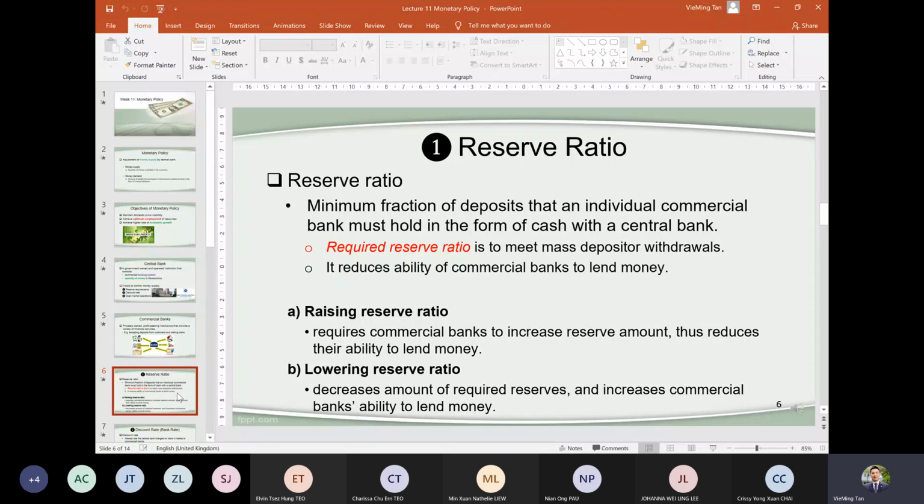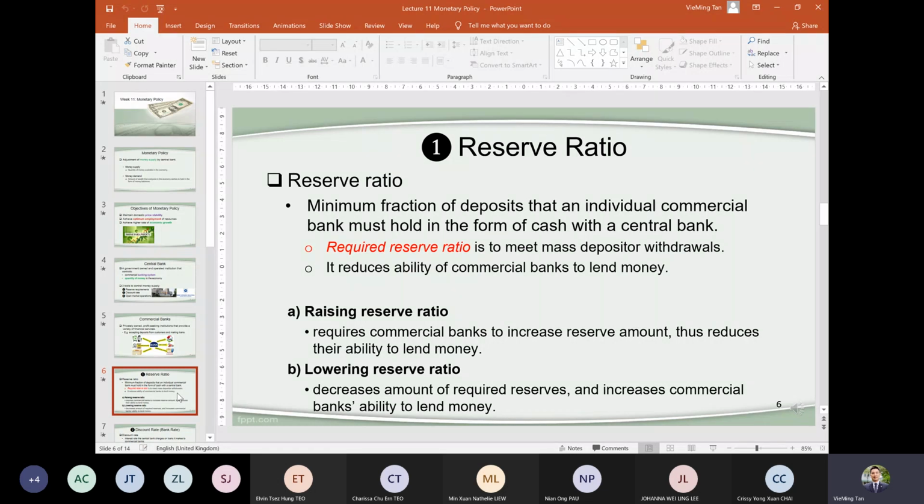So what is the reason why all the commercial banks need to keep a certain amount of money in the central bank as reserve? Actually, it is to protect the depositors of the commercial banks.